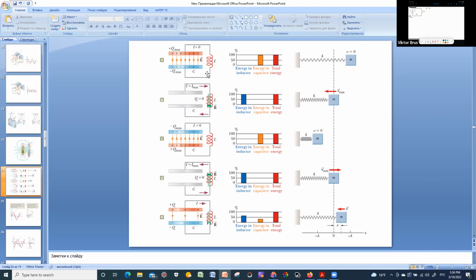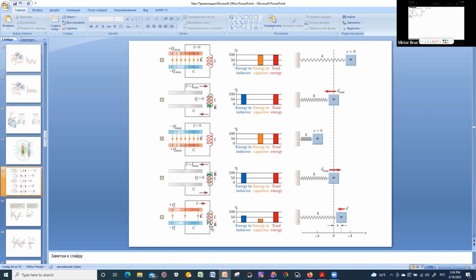Taking this into account, at any moment of time, there will be constant total energy of the system. So either at t equals 0, we have total energy in the form of electric field, then at some moment we have total energy in the form of magnetic field.